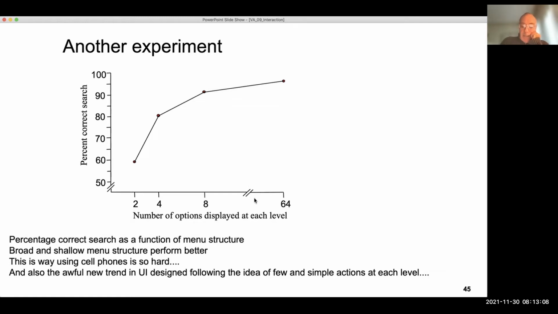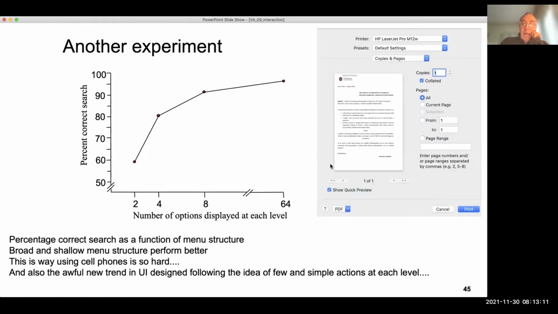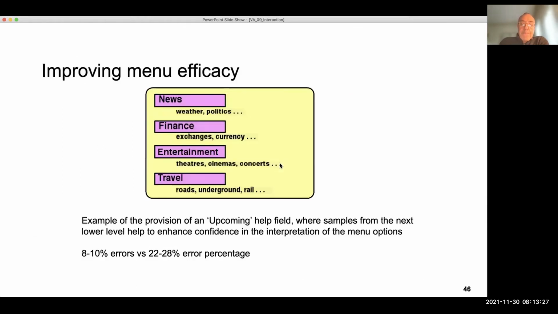And I discussed that I don't like the new trend of user interfaces in which, in order to not confuse the user, the interface presents only a few actions per page. Another way of improving the efficacy of a menu is to give a clue, an understanding of what is behind the menu itself.